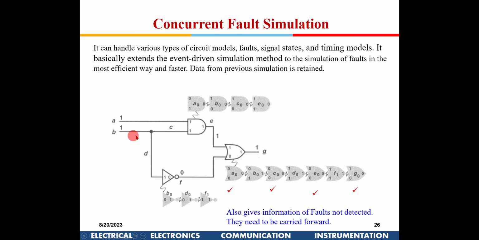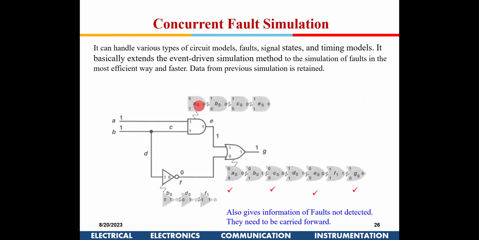So suppose I am giving 1 1 here, expected output is 1; 0 1 is expected to give 0. So in the first simulation it will do 1 1 and give a result 1. Okay, in the next simulation it will replace this gate by this gate, which is known as a faulty gate. So once you give a net list to the tool, it will generate a corresponding behavioral model of the AND gate corresponding to A stuck at 0.